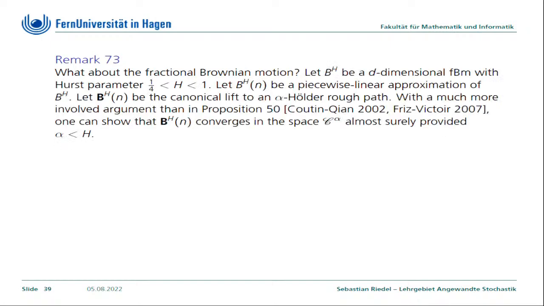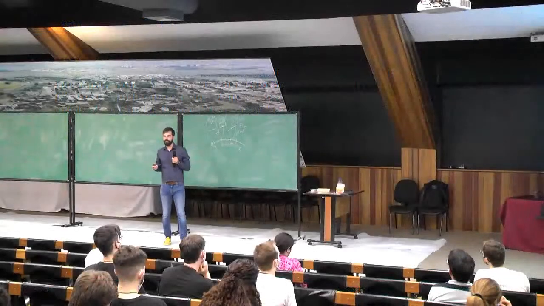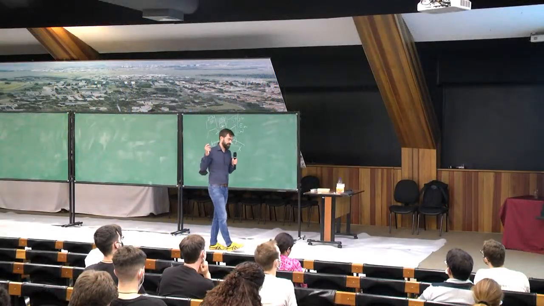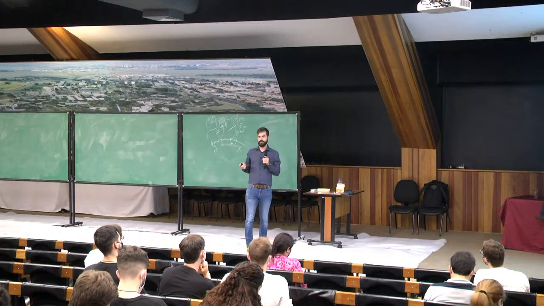It turns out that in a certain regime, so if the Hurst parameter is not too small, the condition you have to make is that H is larger than 1/4, then you can prove that also the piecewise linear approximation of the fractional Brownian motion, the natural lift, converges in the space C alpha, provided I choose alpha smaller than H. Of course, now the limit, there's, well, okay, maybe there is, but there's not a Stratonovich type of a fractional Brownian motion.